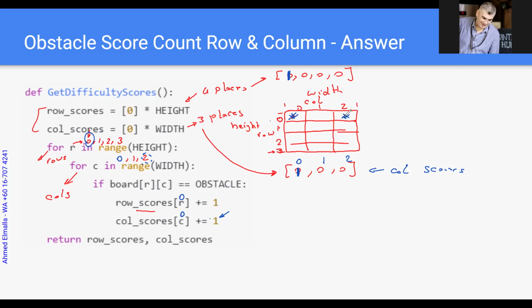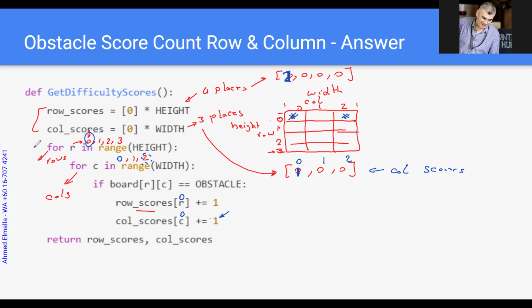If we see an obstacle here, we need to increment the row again, because we have 2 obstacles on the same row. We add 1 to it, so it becomes 2.